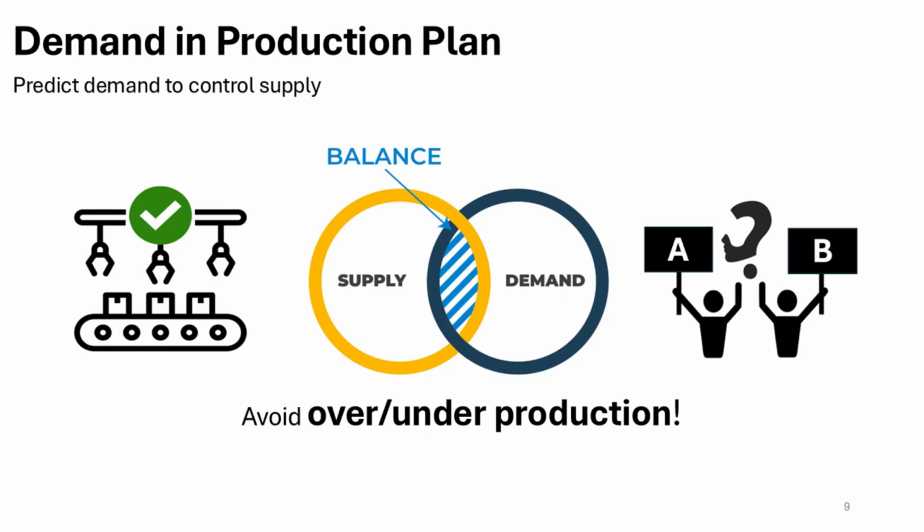We must avoid the twin traps of overproduction and underproduction. Overproduction leads to unsold inventory sitting in a warehouse, while underproduction means losing out on sales and disappointing our customers. By using machine learning to predict demand before we run our optimization, we ensure that our supply is always perfectly tuned to the real world.